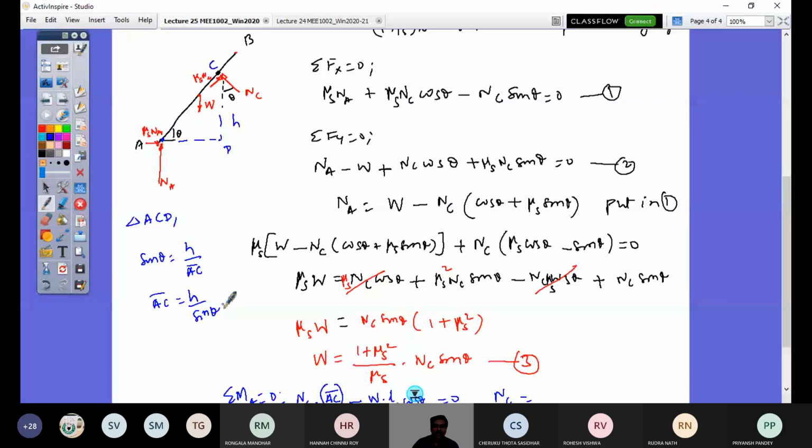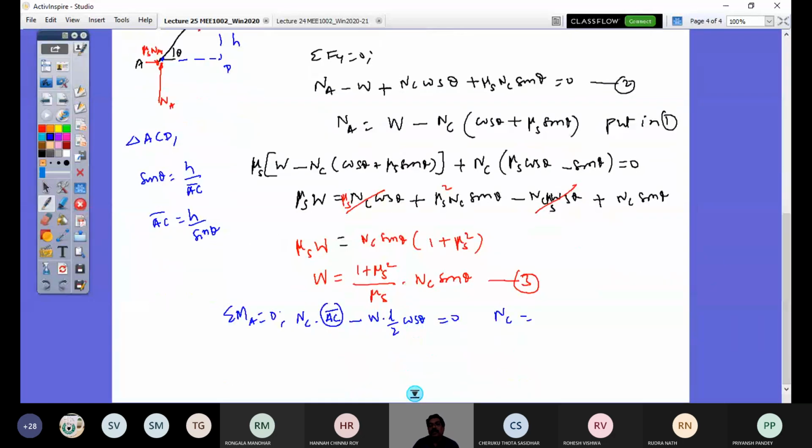So I can substitute that in place of AC. So NC is equal to W L by 2 cos theta into 1 by AC. Now AC is the length, so W L by 2 cos theta into sin theta by H is what NC is, right? Now I can substitute this NC over here.